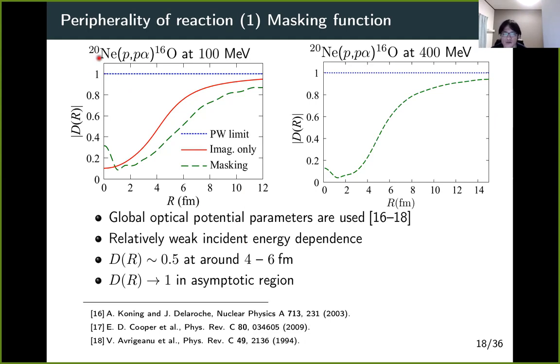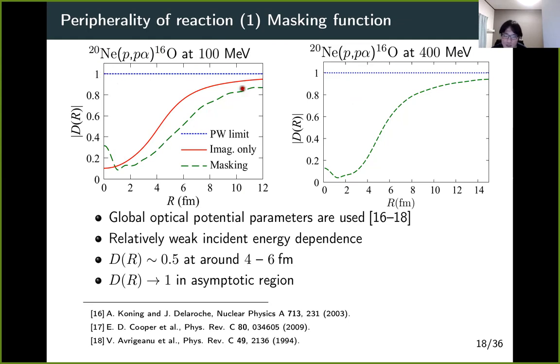So I draw two pictures. This is the Neon-20 PPR for the 100 MeV case, and this is the 400 MeV case. But basically, they are similar. The green dashed one is the masking function, and this one means no absorption.